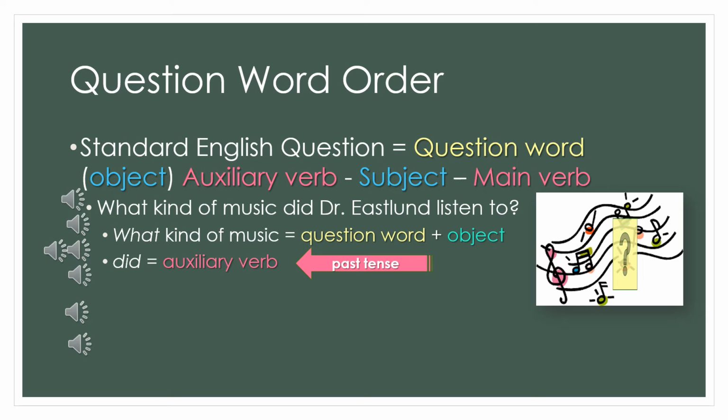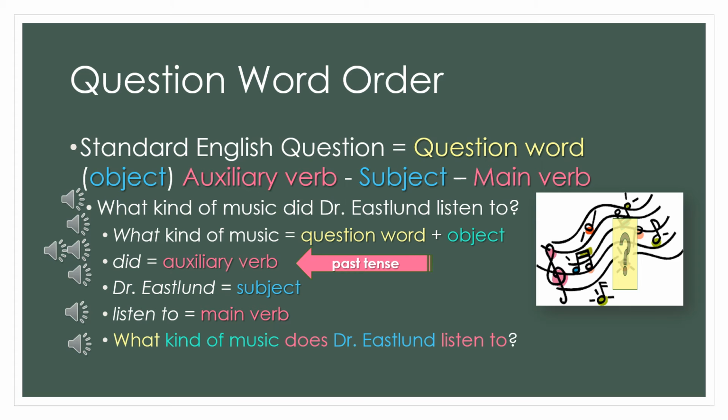Please notice that the auxiliary verb is in the past tense. Dr. Eastland is the subject. Listen to is the main verb. So the question is, what kind of music did Dr. Eastland listen to?